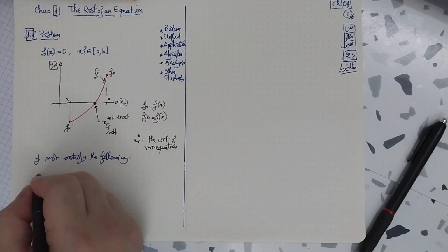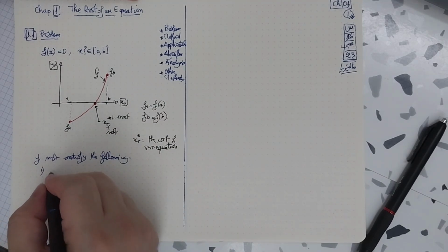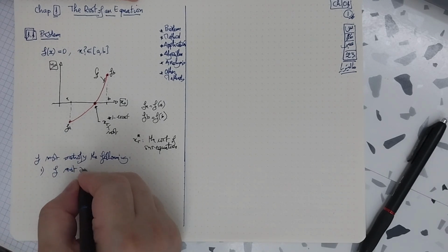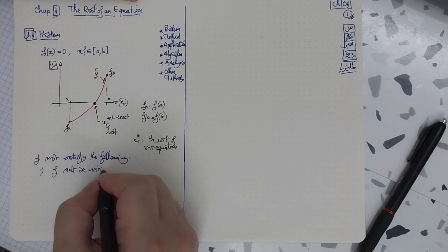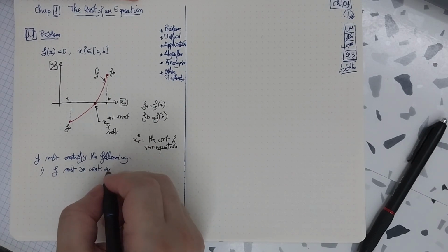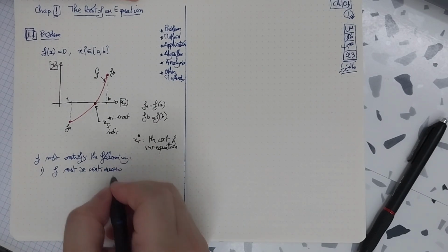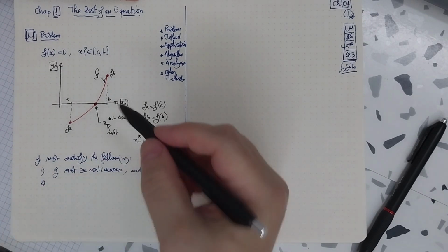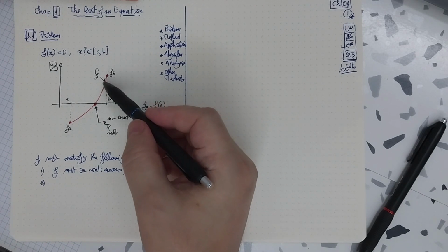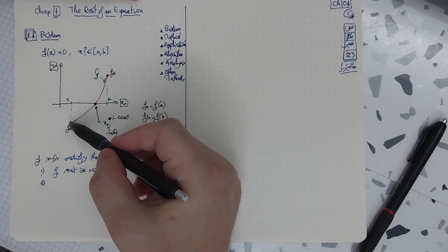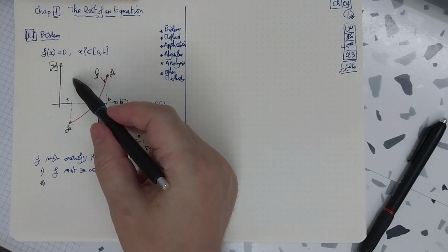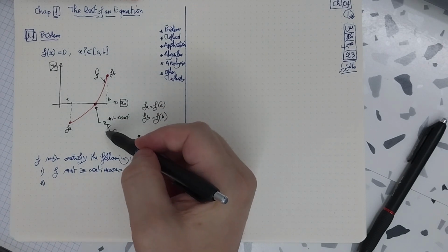First of all, it must be continuous. F must be continuous. And F must change its sign at the endpoints. If it is here negative, it must be here positive. And vice versa, if it was positive, it must be here negative.